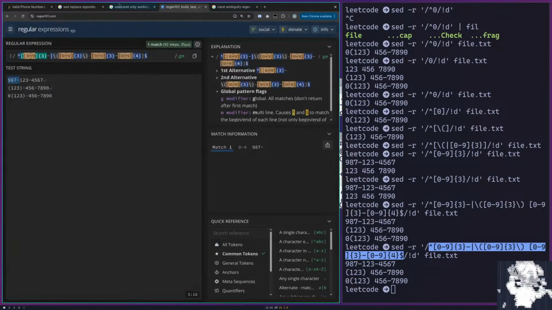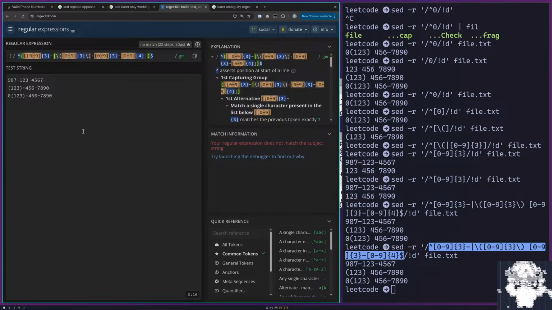Okay, I guess I do want parentheses around the whole thing to say the whole thing needs to be the whole line. It needs to have the start and the end. Now, it's saying that that doesn't match anything.